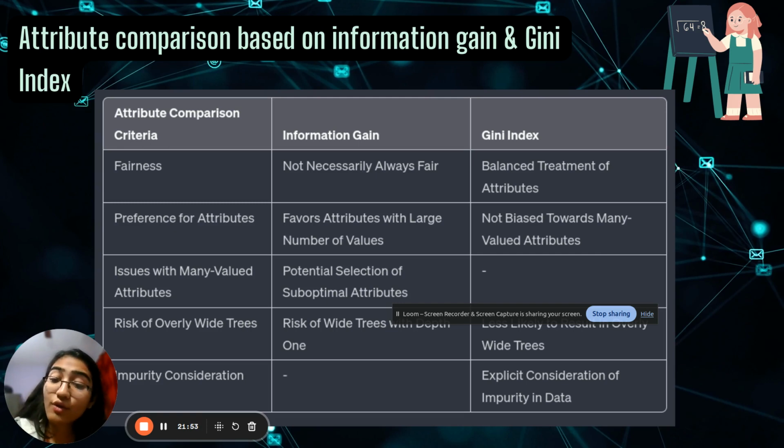Now, for risk of overly wide trees, information gain has the risk of overly wide trees with depth one, but this is less likely in the case of Gini index. And for impurity consideration, there is no impurity consideration in information gain. It is basically the principle of Gini index, so there is explicit consideration of impurity in the data for Gini index.